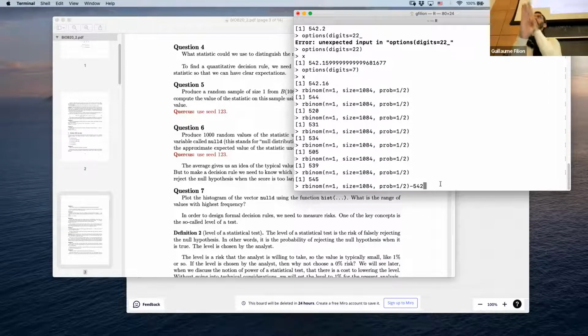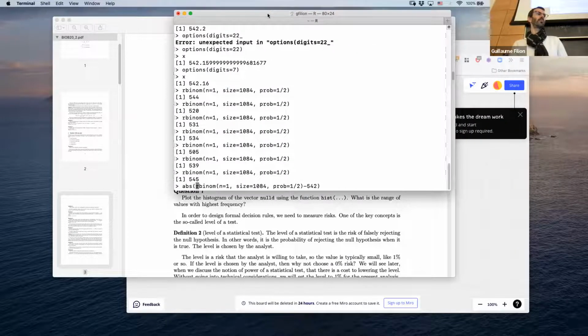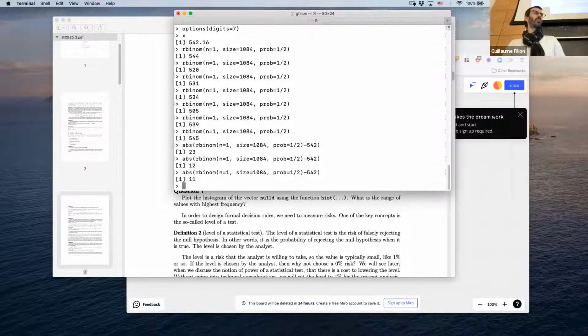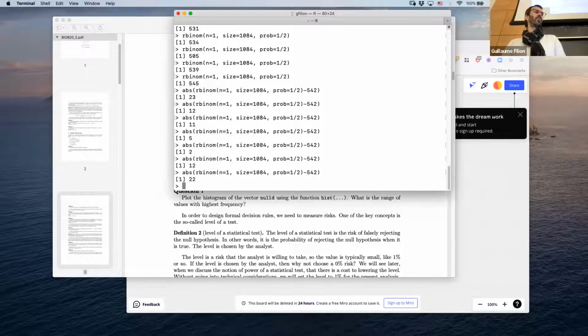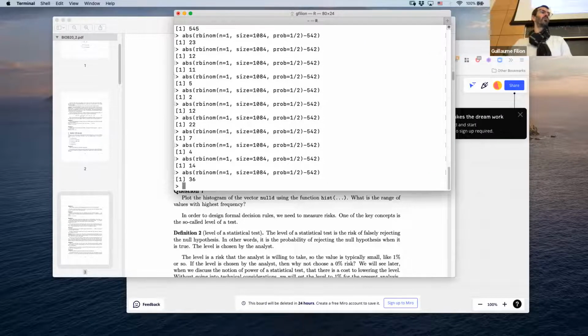Now we have centered the distribution of the statistic on 0. The expected value is now 0. Because we want to symmetrize it, we put this within abs for absolute value. Now I get numbers that are always positive, but they're much smaller than before. Like we get 4, 14, 3, etc., because they're actually quite close to the target.